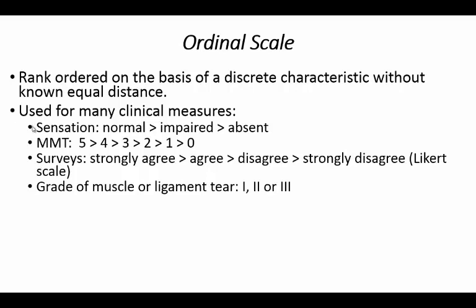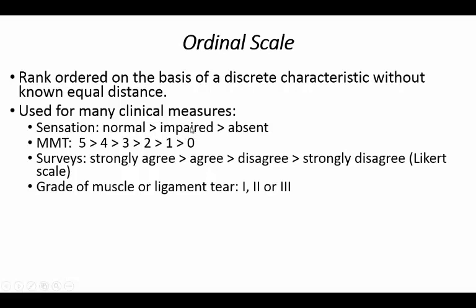Same thing with normal, impaired, and absent sensation. I cannot say that impaired sensation is 50% of sensation, or 40% of sensation. The distance between normal and impaired is not the same as the distance between impaired and absent. This is not midway between this and this. But this is saying that some sensation is absent.